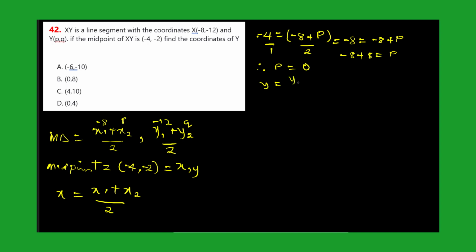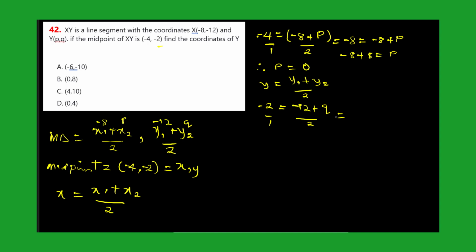Now the second one, which is y, equals (y1 plus y2) over 2, and y is given to be minus 2. So minus 2 equals, y1 is minus 12, then y2 is q, divided by 2.